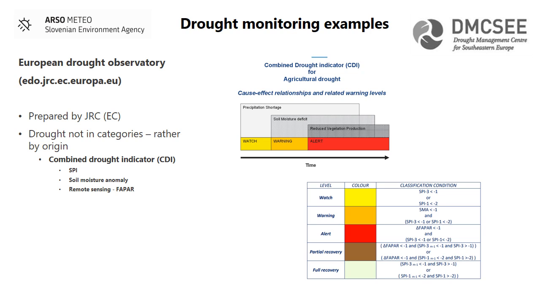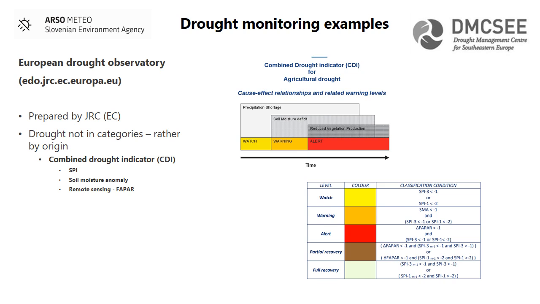Also here it is deduced from a hydrological model. And there is also remote sensing. Similar to the case of DMCSEE, there is a remote sensing indicator, not the fraction of vegetation cover, but rather the fraction of radiation available for photosynthesis, FAPAR. And all these values are then blended into a single colored drought intensity scale.